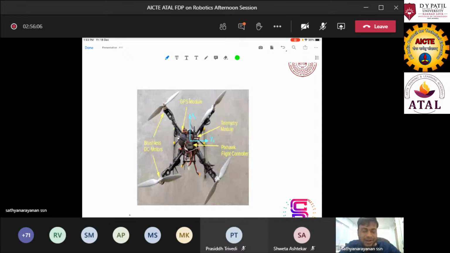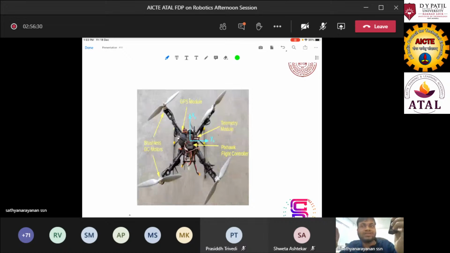The basic flight controller that we use is Pixhawk. It is open source, and Pixhawk has a lot of other advantages, like you can model it very easily, and there are a lot of packages in it.